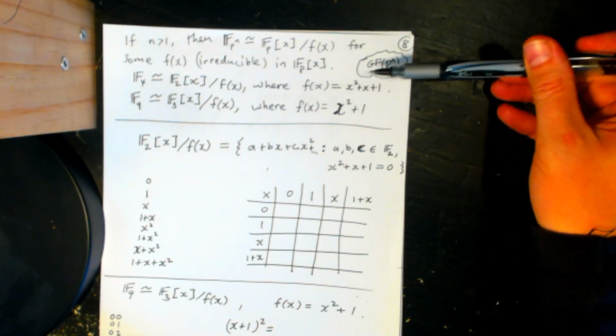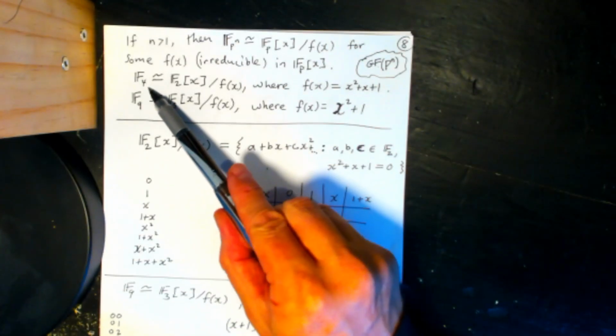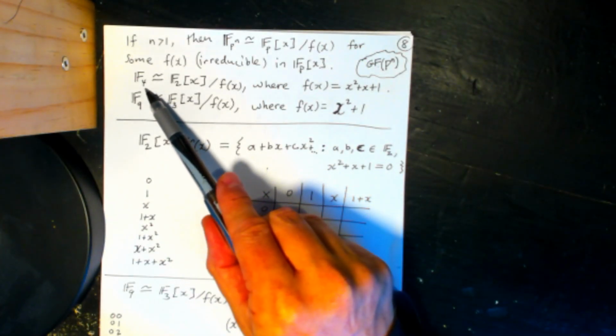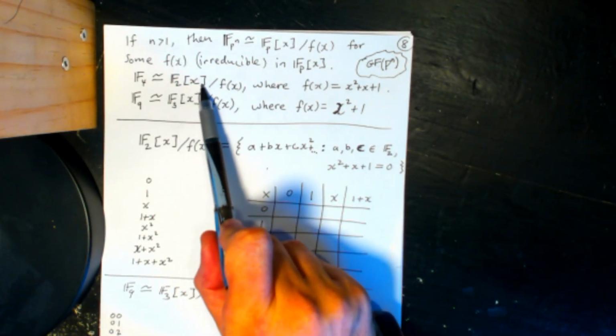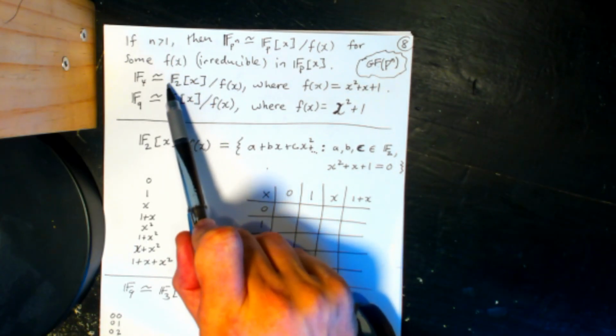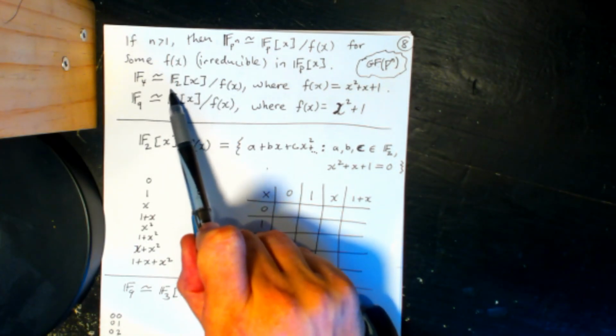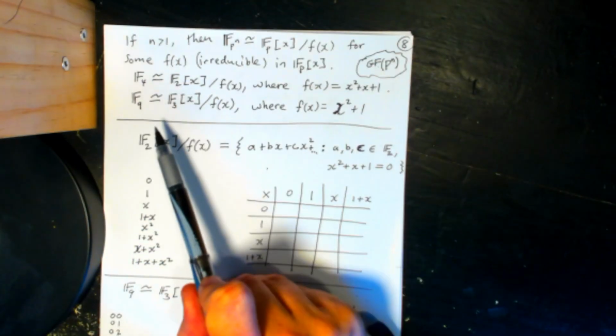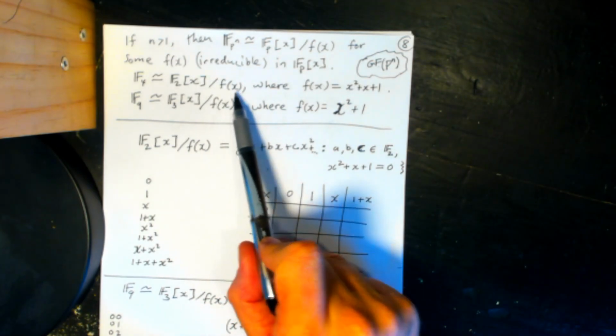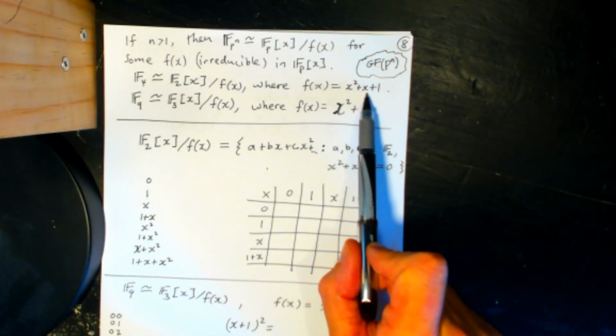Okay, so for example, in the case of the finite field of 4 elements, this is isomorphic by this result to integers mod 2 adjoin x, so the ring of all polynomials where the coefficients are integers mod 2, so 0 and 1, modulo f, where f is x squared plus x plus 1.